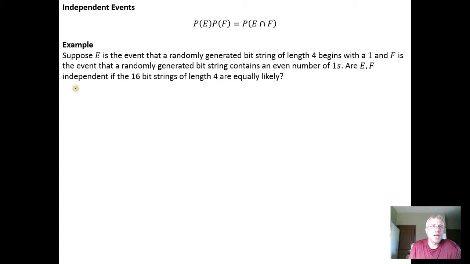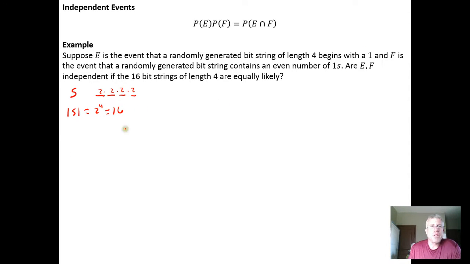In this case, our sample space S is just bit strings of length 4. We have two possibilities for each bit, which means we have 2 times 2 times 2 times 2 possible bit strings of length 4. So the size of S is equal to 2 to the 4th power, or 16. And we've seen this in a previous video.